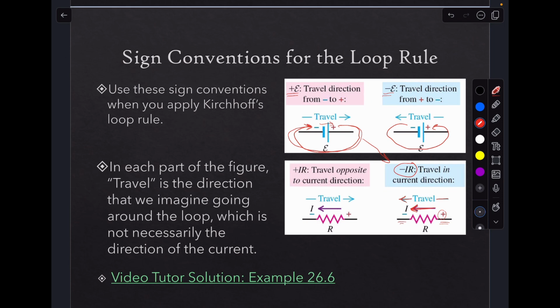And you're most likely going to end up crossing a resistor in the opposite direction of the current, because remember, current leaves the positive terminal and goes to the negative. That's the definition of I. So if your travel direction is opposite to that current direction that we defined as positive, you're going to be adding potential anytime you cross a resistor. So think about that.